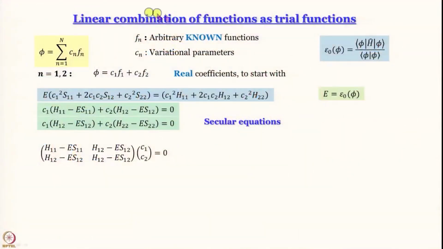We have said that it is possible to express trial functions as linear combinations of other functions, and in this case we are going to work with fixed functions and use the coefficients as the variational parameters. Suppose we are using a lot of Gaussian functions, we are not going to change the full width half maximum or position of the Gaussian functions.